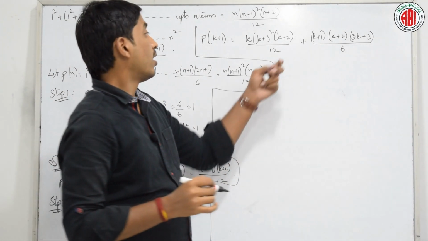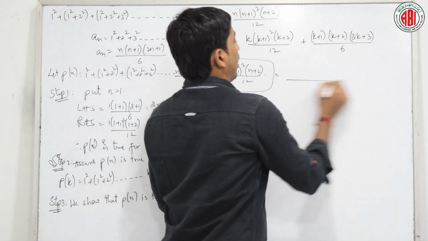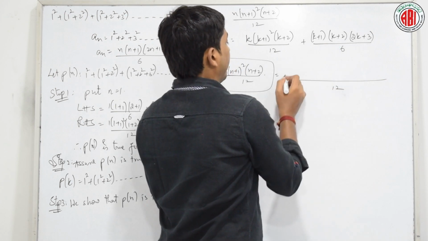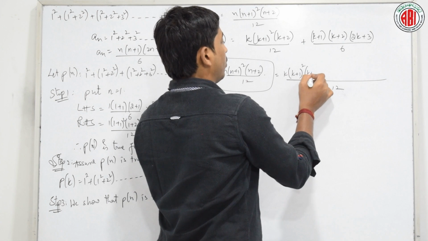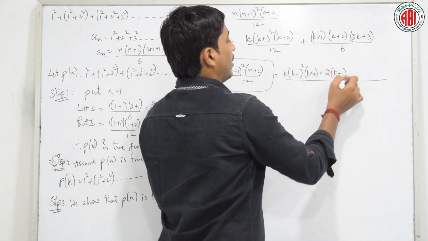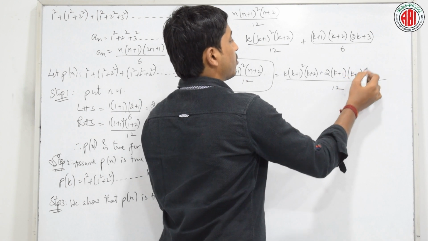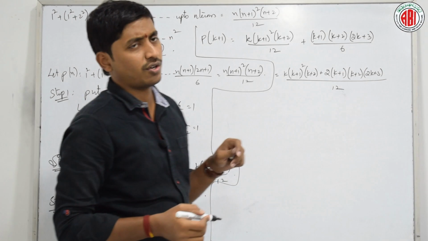Is it fine? Now what is the LCM between 12 and 6? That is 12. Let us write it as k into k plus 1 whole square into k plus 2 plus 2 into k plus 1, k plus 2, 2k plus 3. Is it okay?